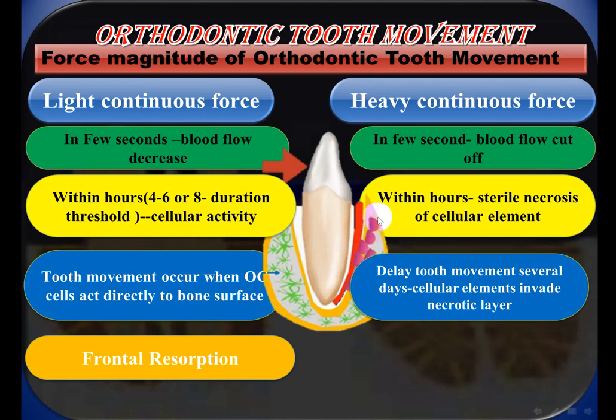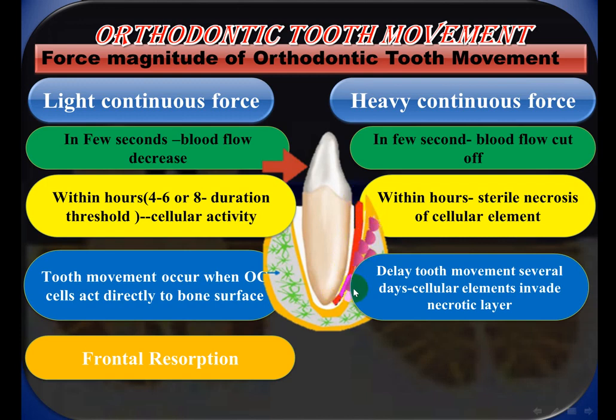These osteoclast cells pass from the marrow space, cross the bone, removing the bone, causing resorption of the bone, and pass from this marrow space along the underlying areas until they reach the lamina dura and the hyalinized area on the compressed side and cause its removal.